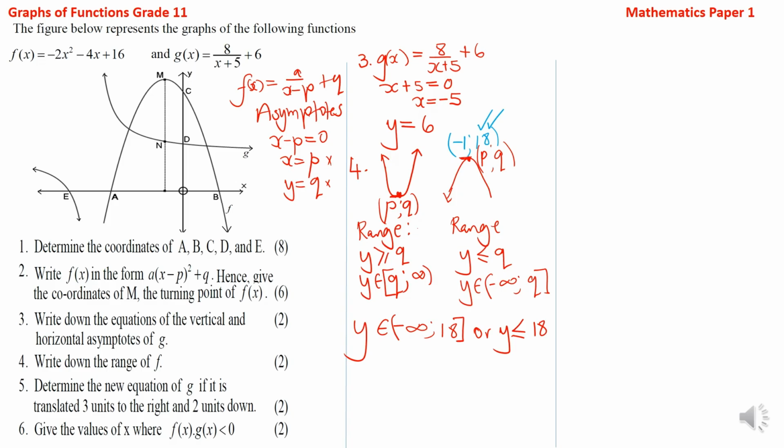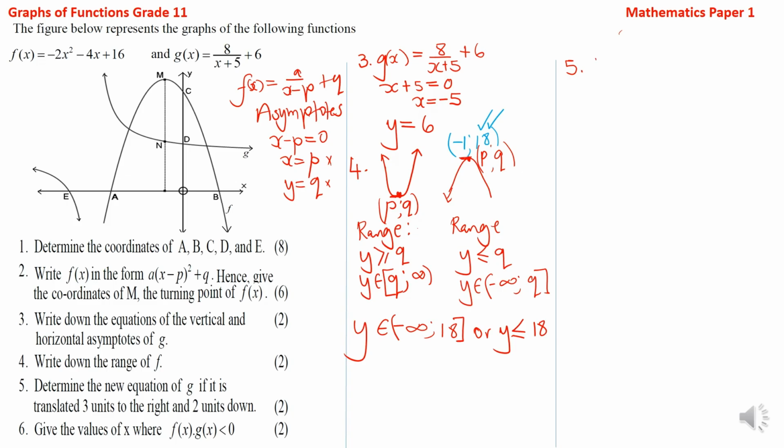Number 5. Determine the new equation of g if it is translated 3 units to the right and 2 units down. Right, once again, remember, when you are answering an examination question, always place your attention on what you learn from that particular question.